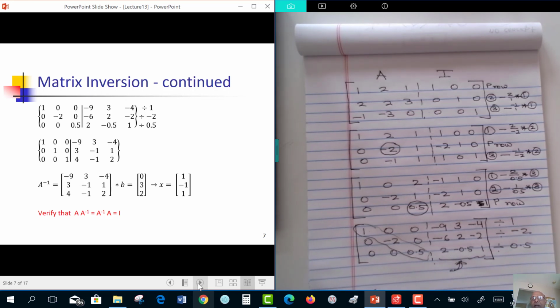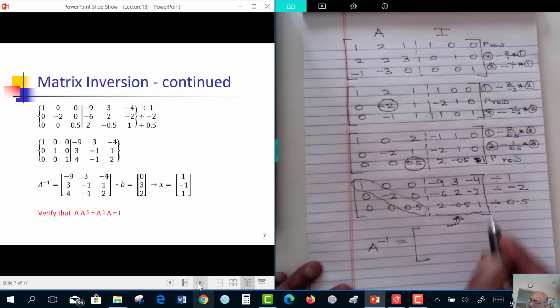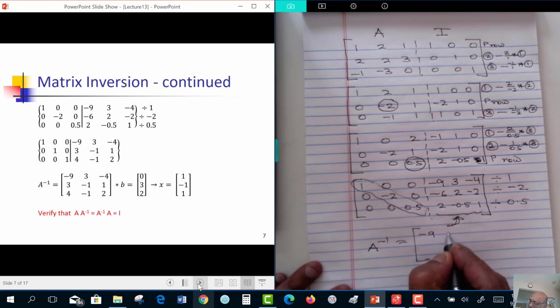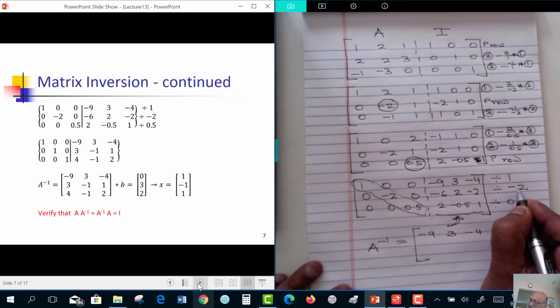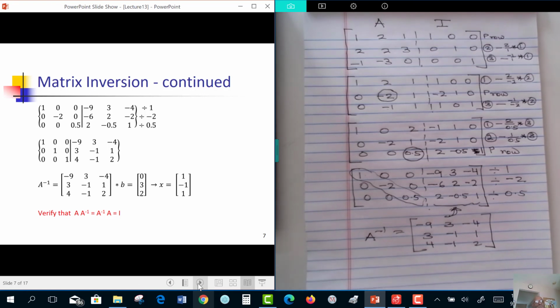So we'll say A inverse is, so we normalize, minus 9, 3, minus 4, divide this by minus 2, so we will get 3, negative 1, 1, divide this by 0.5, we'll get 4, negative 1, 2, and that's our A inverse. Then we multiply this by B, and we will get our X.